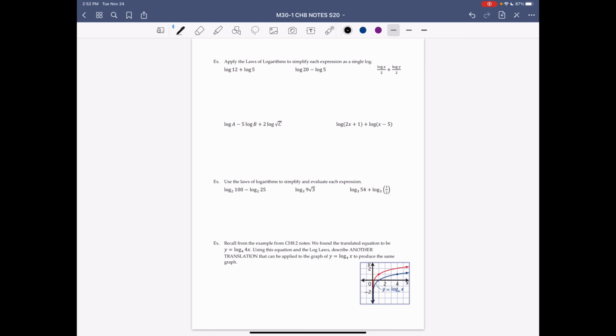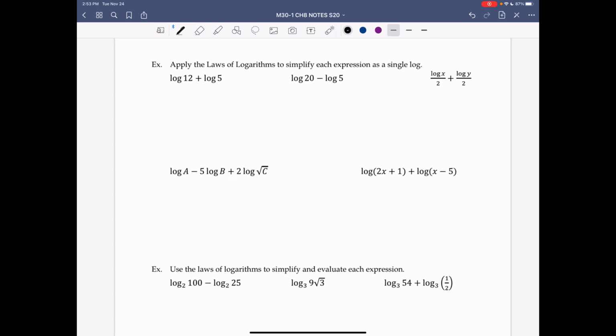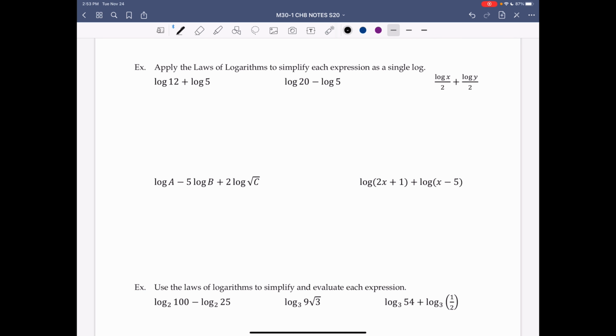Apply the laws of logarithms to simplify each expression as a single log. So before we were expanding to express in multiple logs, now we're going to combine into one log. So we have log 12 plus log 5. They have the same base, they're both base 10, so we can use our log laws.